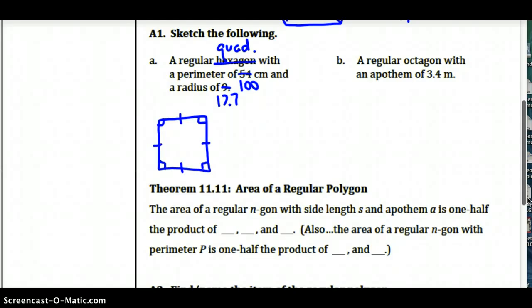If I take 100 divided by 4, I get 25, so I put 25 for one of the sides. And the radius is the length from the center of the polygon to a vertex, and this is 17.7.